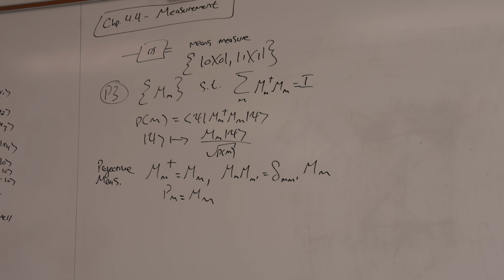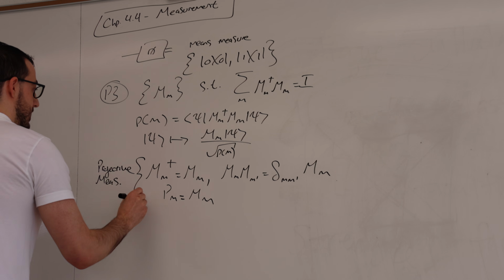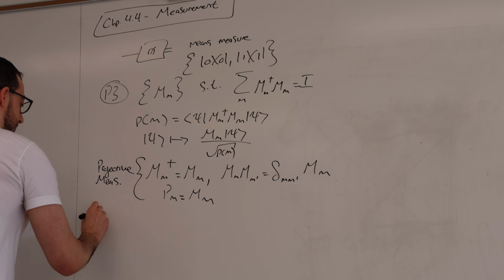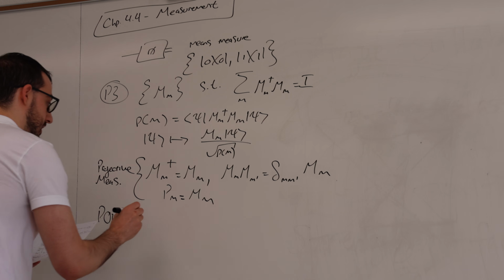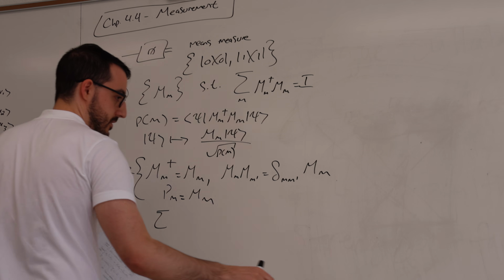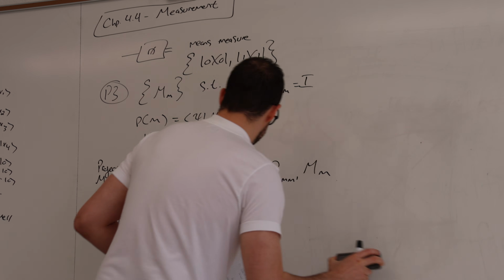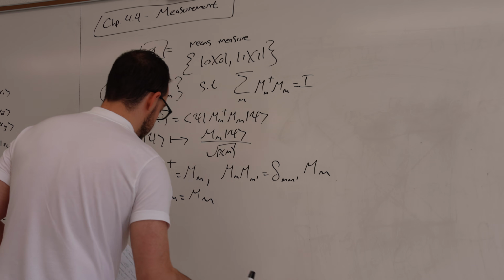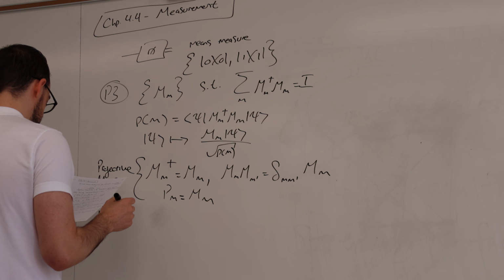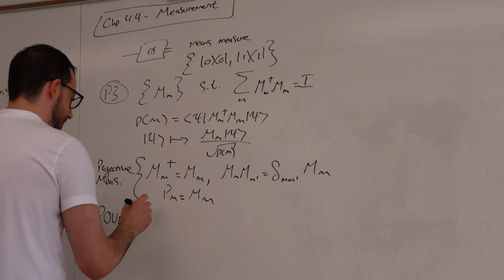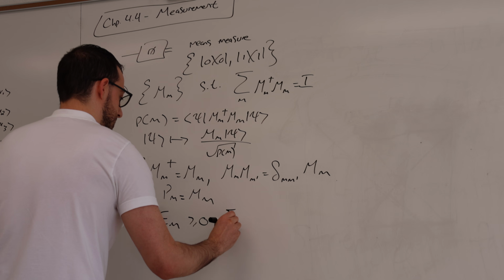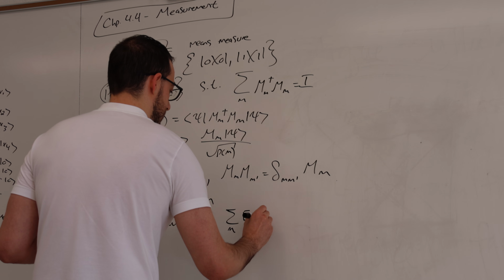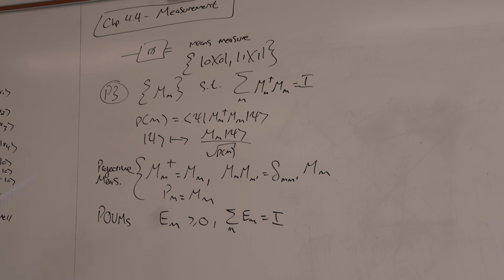The last thing that we had, so this is the case for projective measurements, we had POVMs as well. So let's recap POVMs. In this case, we had any operators E sub m that sum to identity and are non-negative. So E_m greater than or equal to 0, and the sum over m of E_m equal to identity.